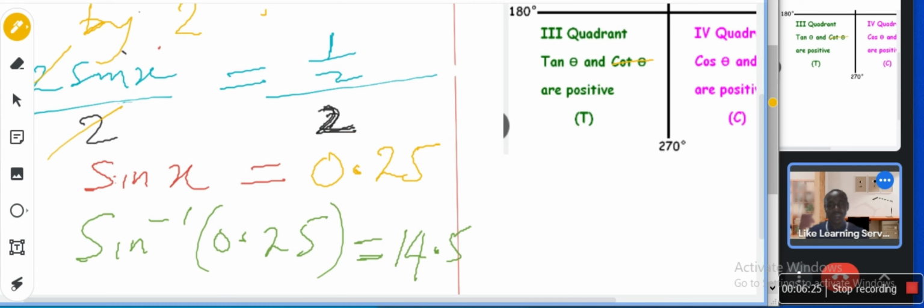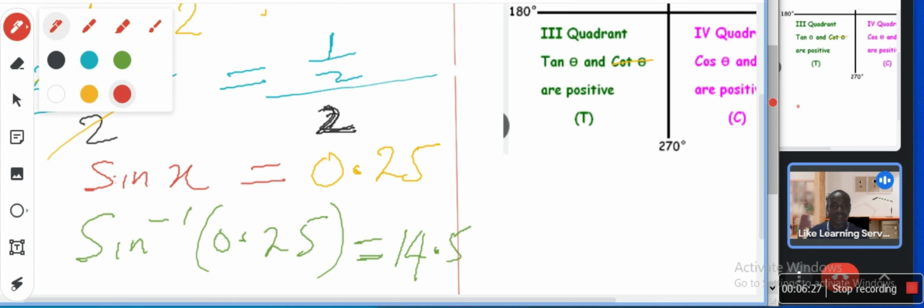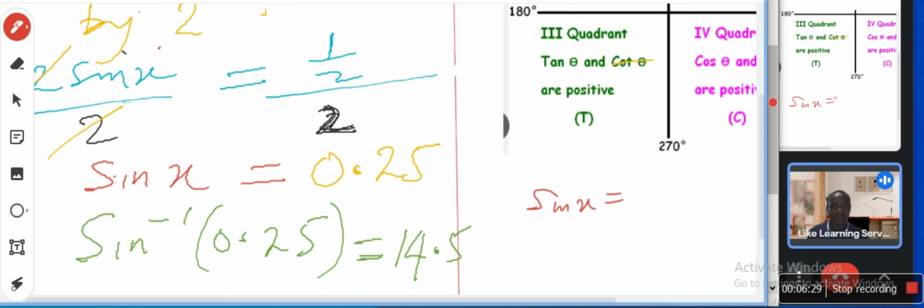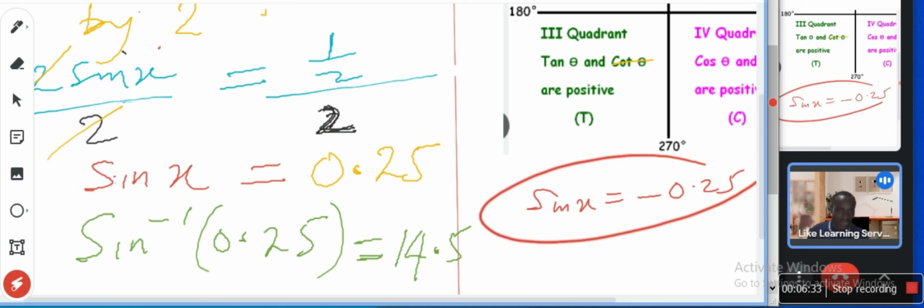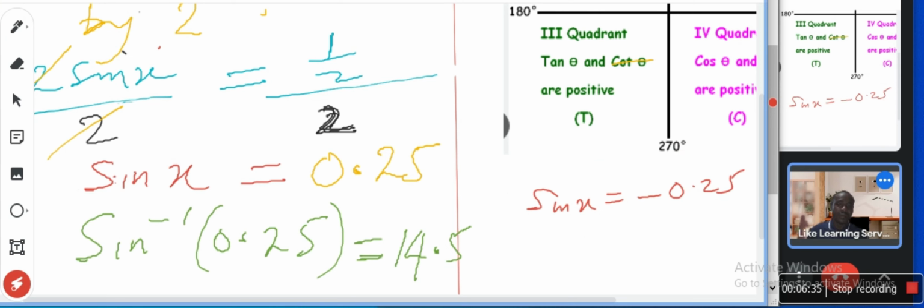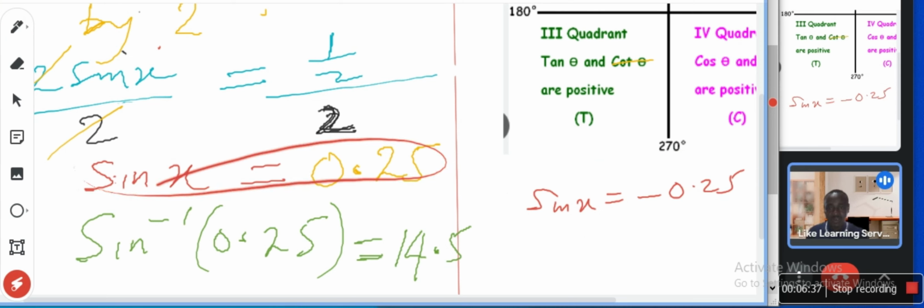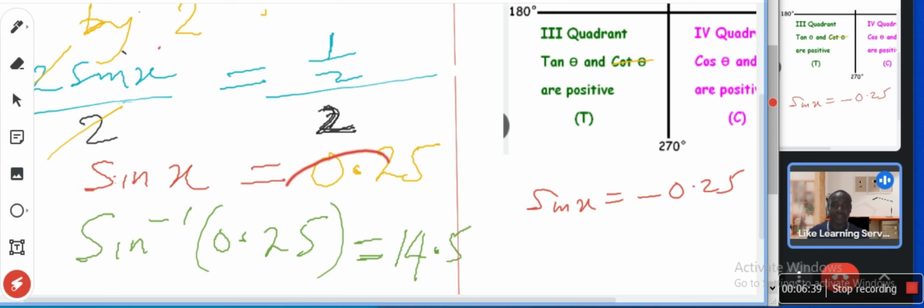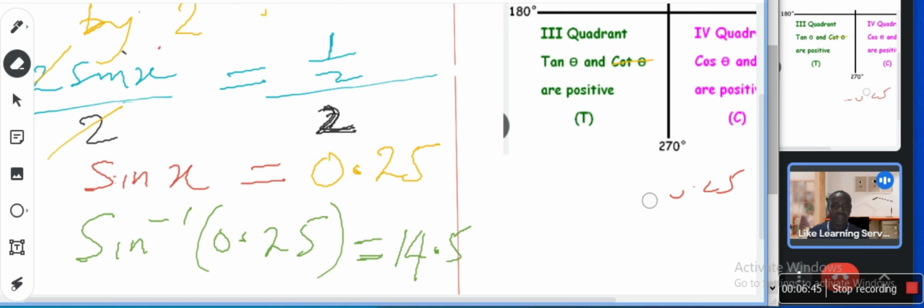Compare it with something like this. If I had written sine x equal to minus 0.25, this time around it is a negative value. But the question we are solving is a positive value of sine x. So we go to where sine is positive.